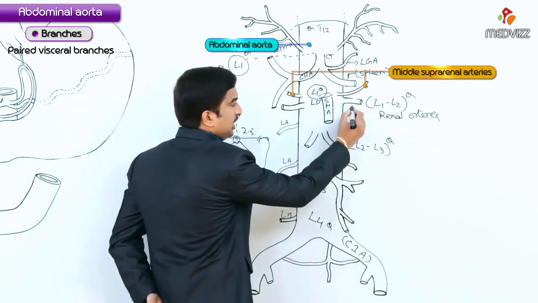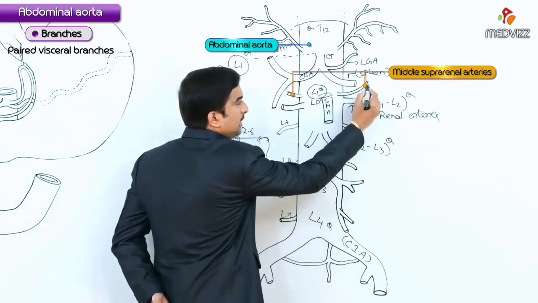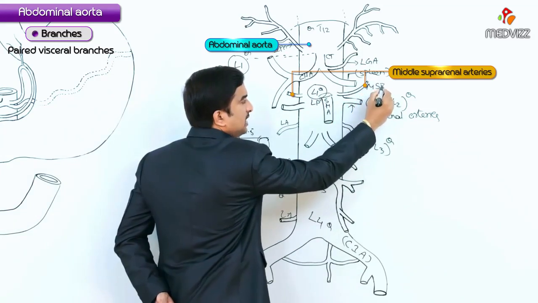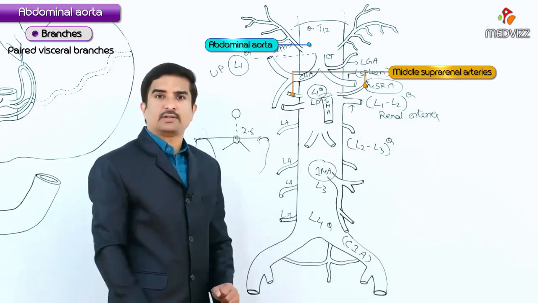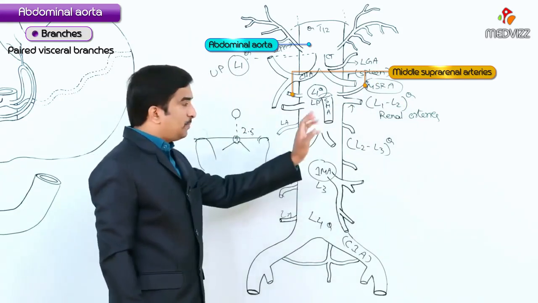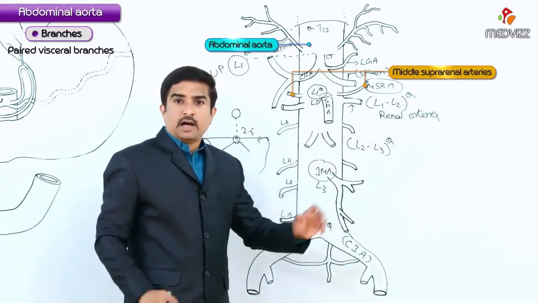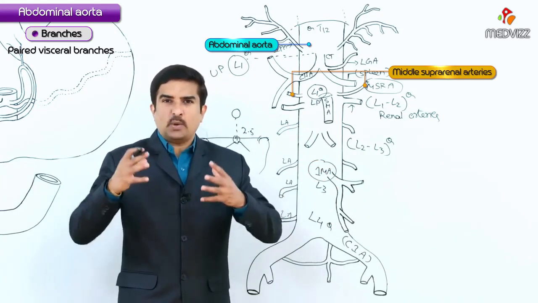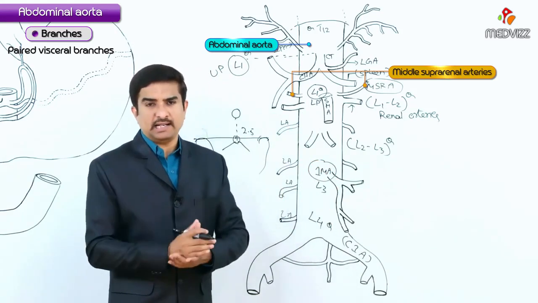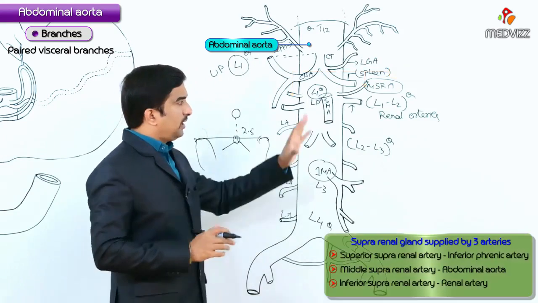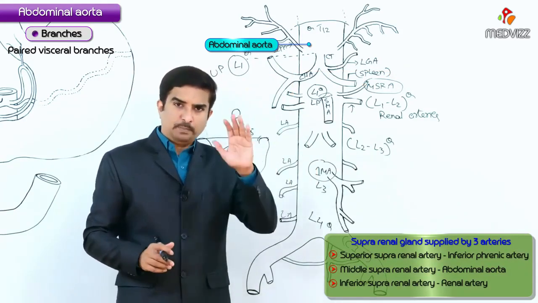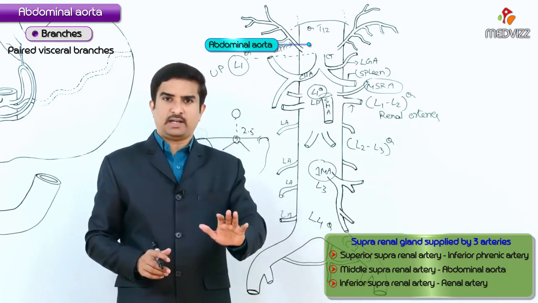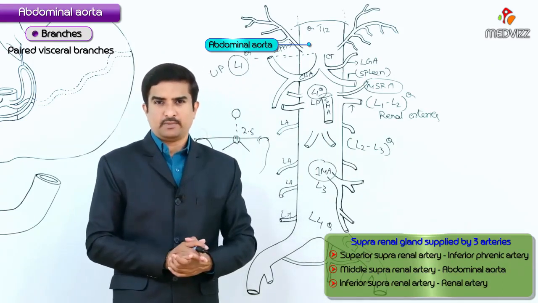These are the renal arteries. Just above the renal arteries you can see the middle suprarenal arteries. These middle suprarenal arteries are a part of the multiple vascular supply to the suprarenal gland, because the suprarenal gland is supplied by three arteries: superior suprarenal, middle suprarenal, and inferior suprarenal.